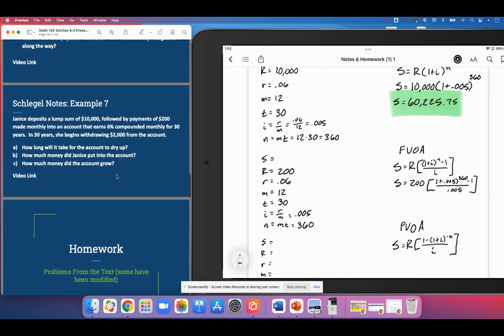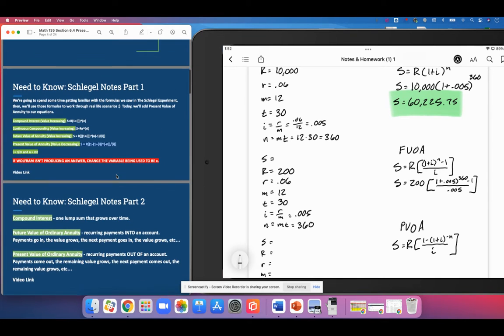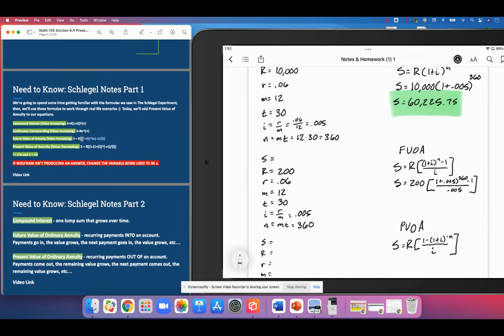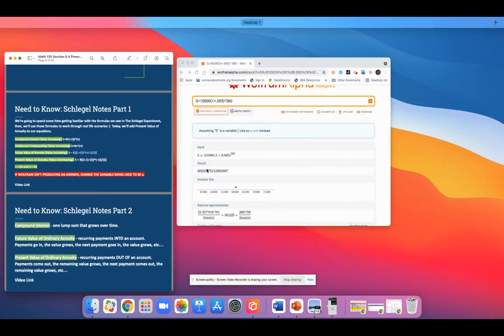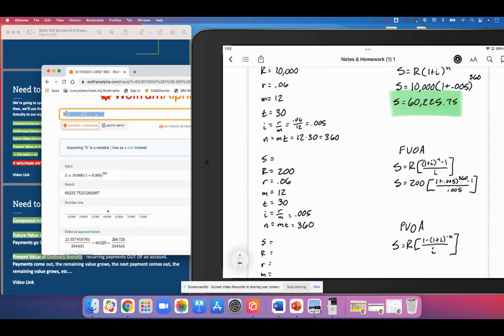So run up here and grab my future value of ordinary annuity formula. And we can see that we're making $200 payments. Our I is 0.005. And N is 360.